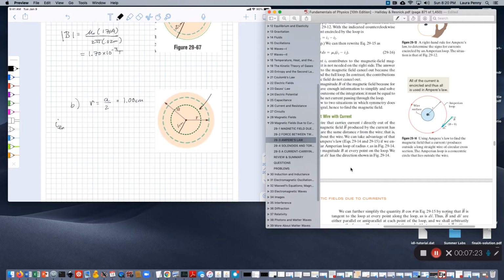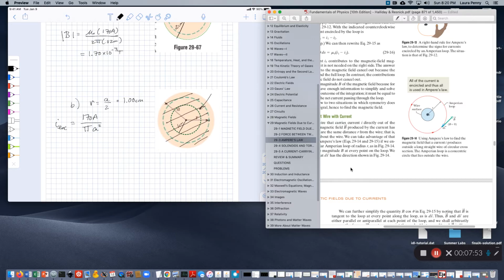So first I'm going to say, all right, there's a total of 170 amps of current. But it's spread out over this whole area, which is pi a squared, right?